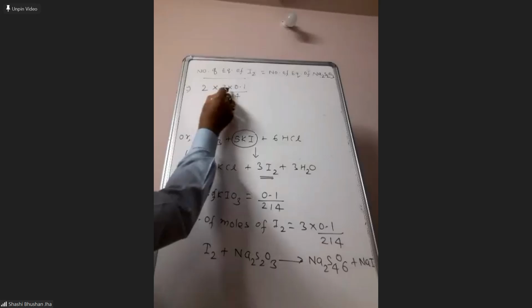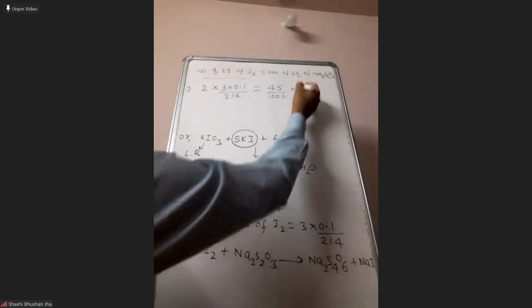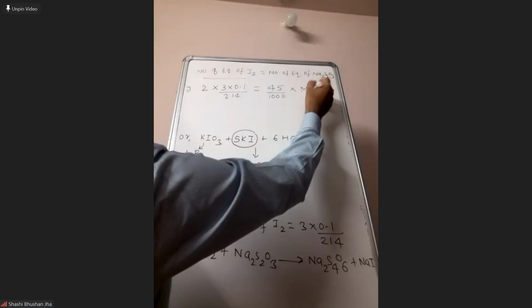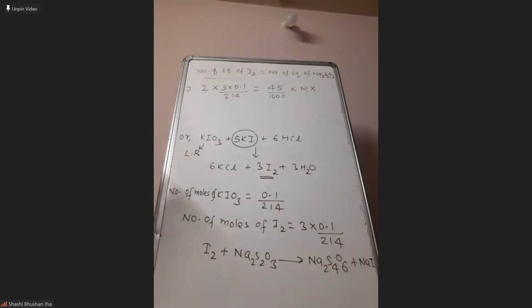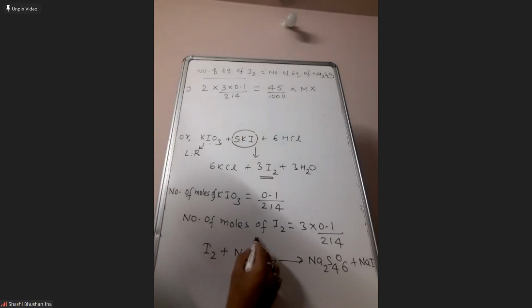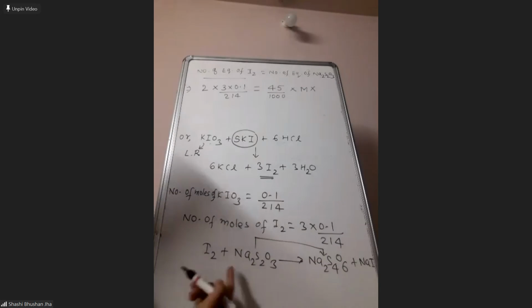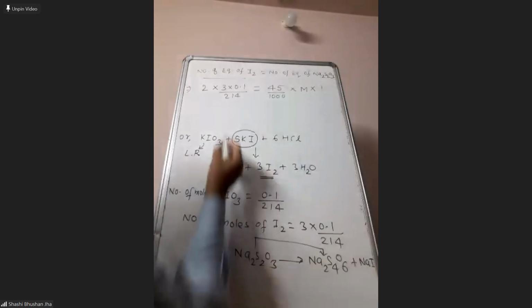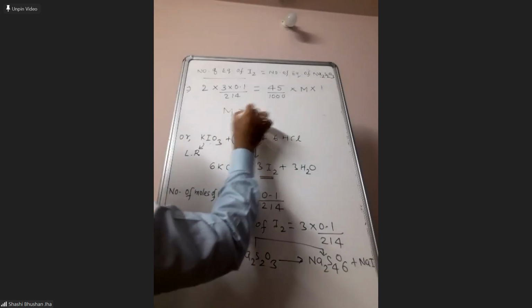This will be equal to the number of equivalents of sodium thiosulfate. The volume is in milliliters, so the number of equivalents will be volume in liters, 45 by 1000, multiplied by its normality. Normality will be molarity multiplied by the n factor of sodium thiosulfate, and we have calculated earlier that its n factor will be 1. So now solve it and get the molarity.